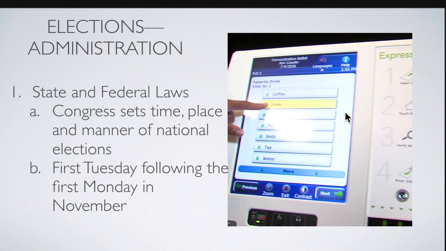You also need to know the idea of a provisional ballot. In 2002, Congress passed a law that was the Help America Vote Act. You don't necessarily need to know that law, but you need to know the consequence of it, where certain voters were denied access to vote due to a clerical error or due to a failed registration.